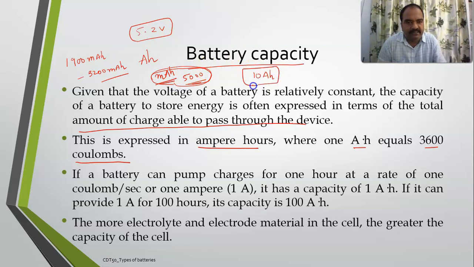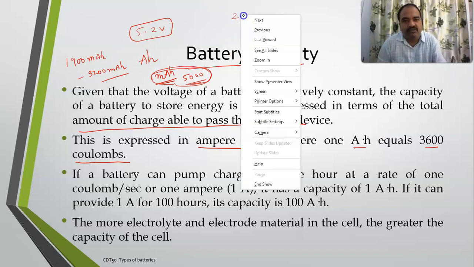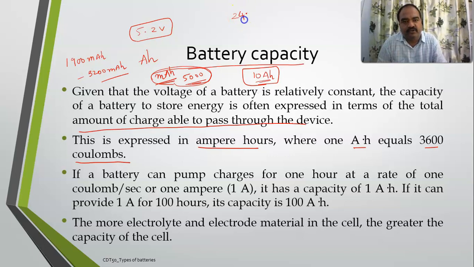What does it mean? It means that the battery can provide you with energy equivalent to the product of its voltage and this capacity, 10 ampere hours. Let us suppose I take a battery which has 24 volts, 10 ampere hours, and this is a fully charged battery.